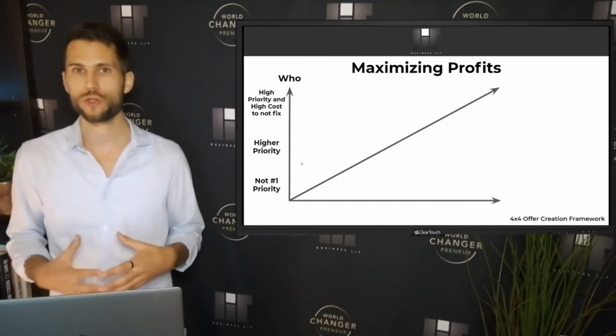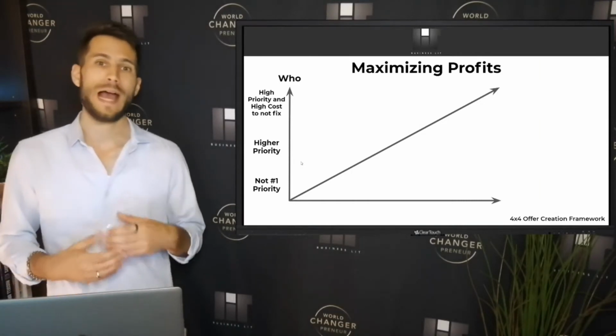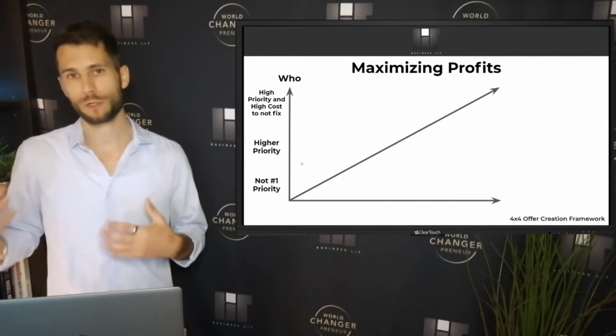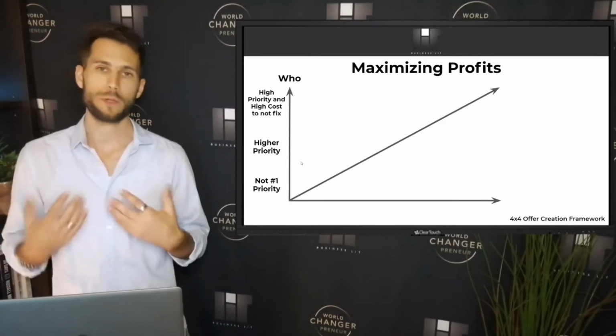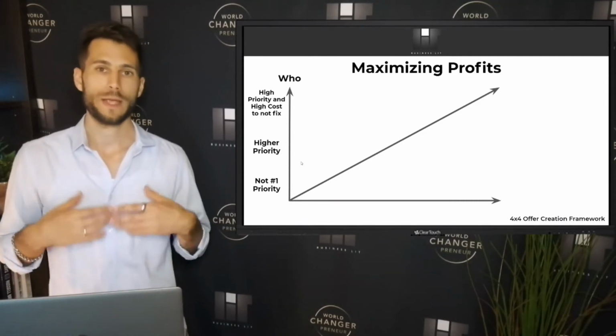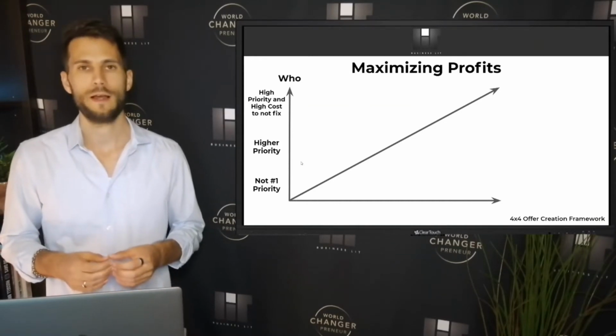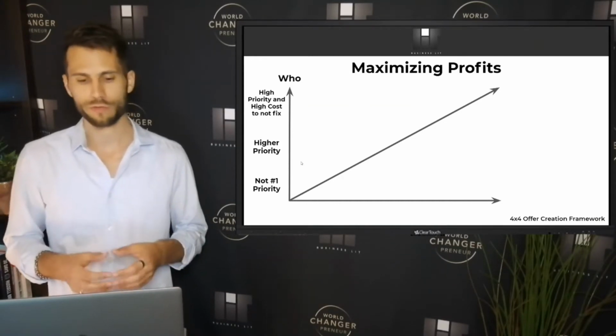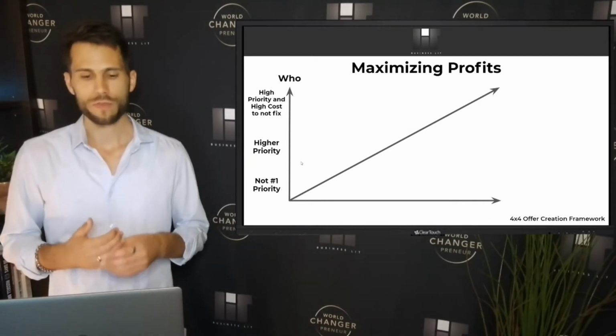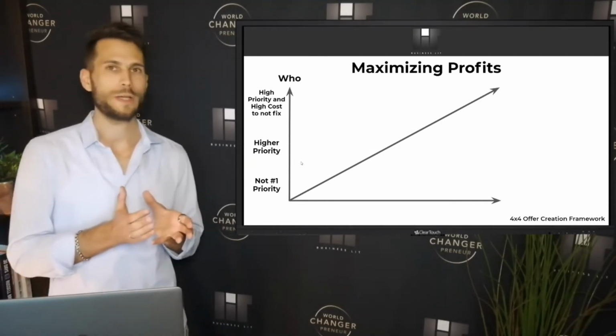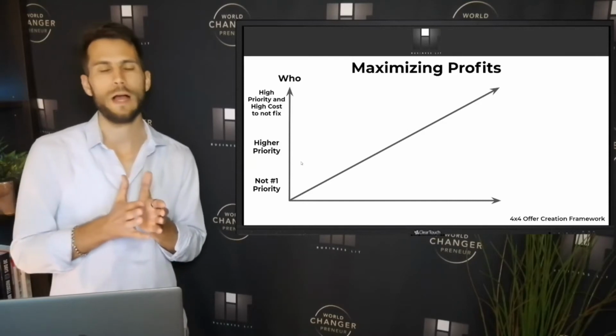Not fixing that is going to have a much bigger impact and much bigger cost, and therefore he's probably also willing to pay more for a solution just because it is a bigger problem to solve for him.